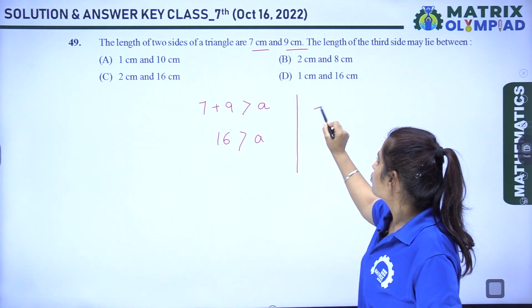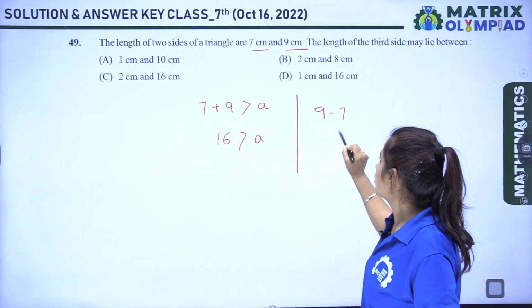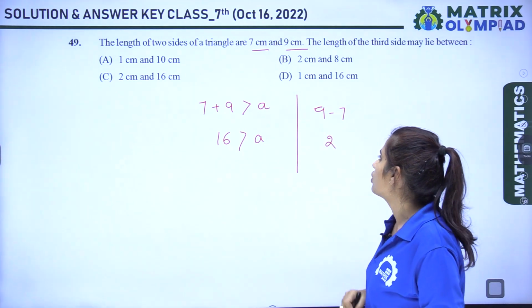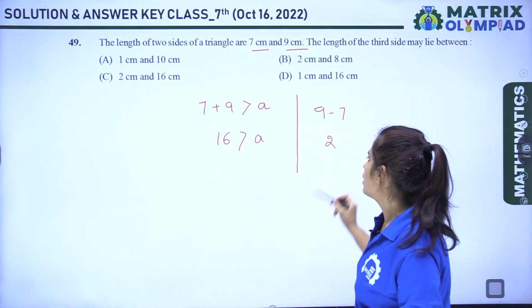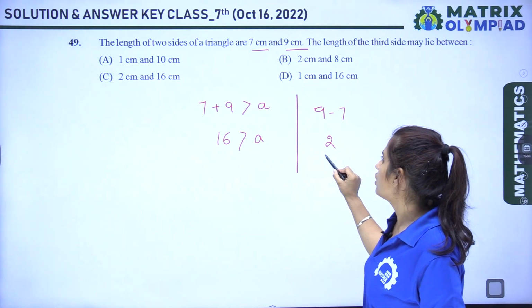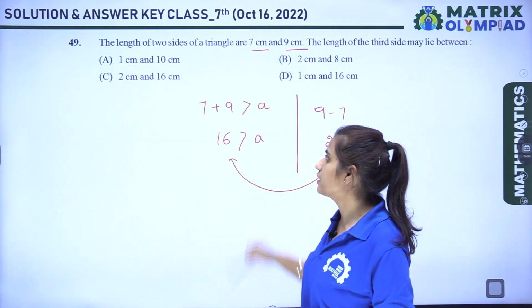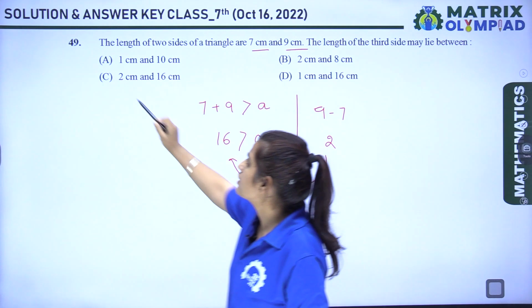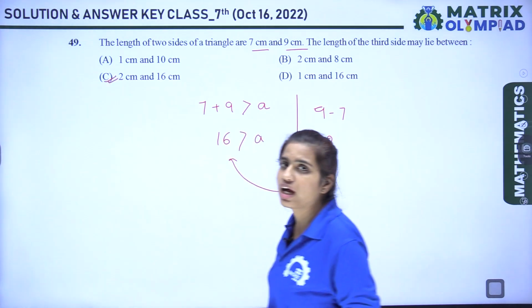And if we subtract these both terms, we get 2. So the number will lie between 2 and 16. So option C is the correct answer.